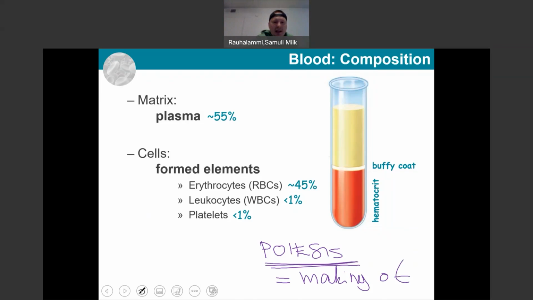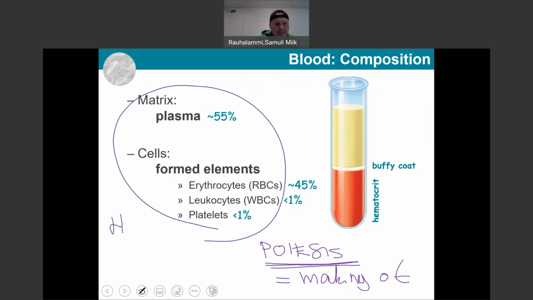So the general term when we talk about blood as a whole is going to be hemato. So hematopoiesis would refer just to production of the blood in general. So when we're talking about that, you're already able to make that connection.